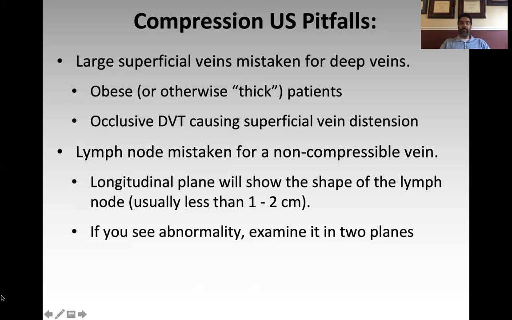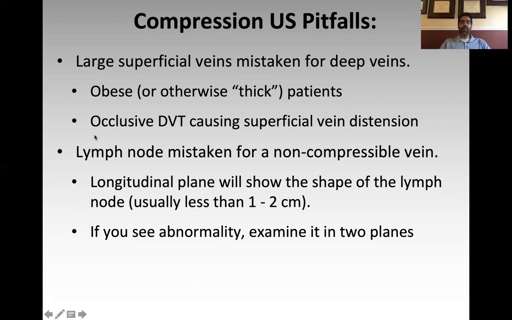Okay. So this can sometimes happen if you have a large patient, if they're obese or if they have a lot of edema, and you haven't set your depth deep enough to actually visualize the deep veins. And of course, you're not keeping the anatomy straight and just looking at the first vein that you see.